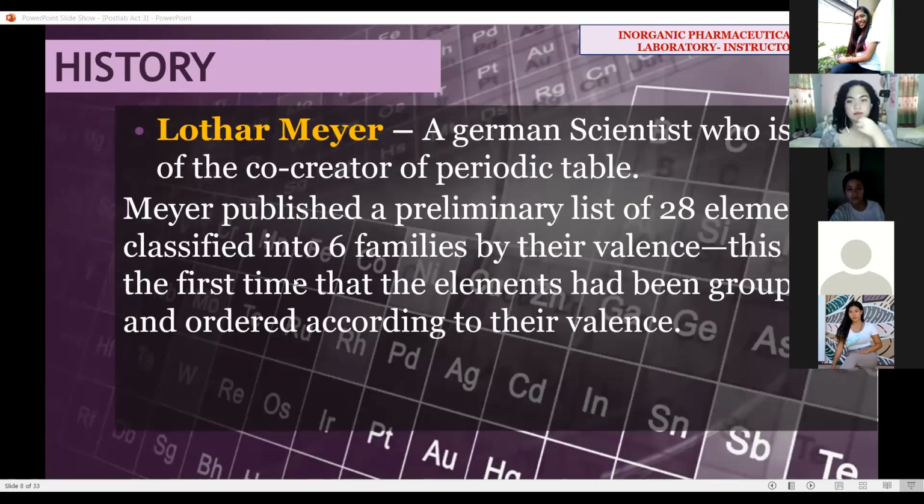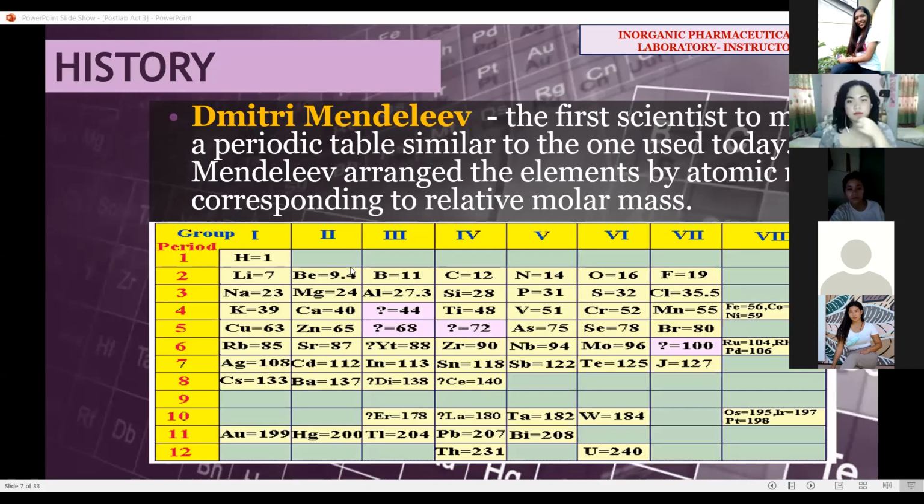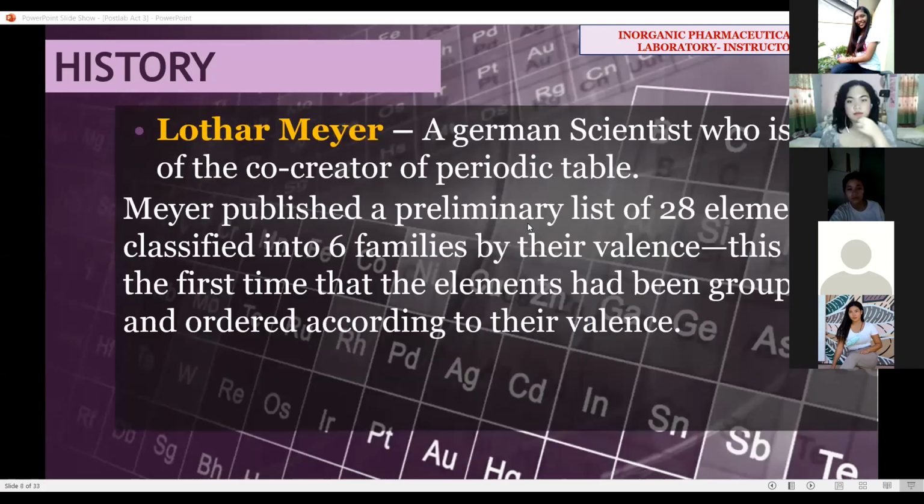Actually, they did the same work as Dmitri Mendeleev. That is the reason why sometimes, when we present the history of the periodic table, their names are given together, Dmitri Mendeleev and Lothar Meyer. Because they both arranged the elements in the periodic table according to atomic mass. But Lothar Meyer started with just 28 elements and classified them into 6 families by their valence.